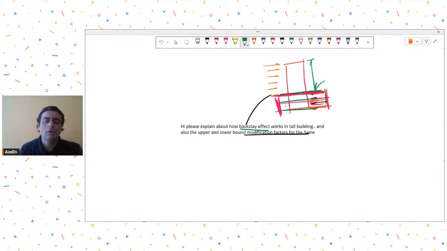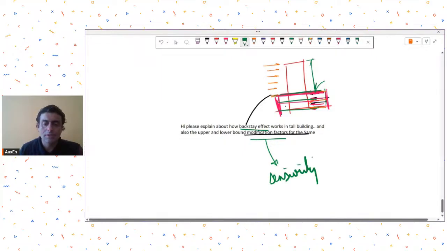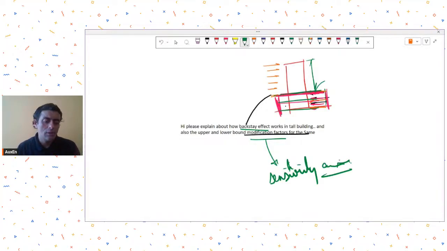And then your code tells you that to consider all the possibilities, you do what is called a sensitivity analysis. In the sensitivity analysis, basically, you modify the modifiers of these elements which are offering you backstay in order to get the worst results.